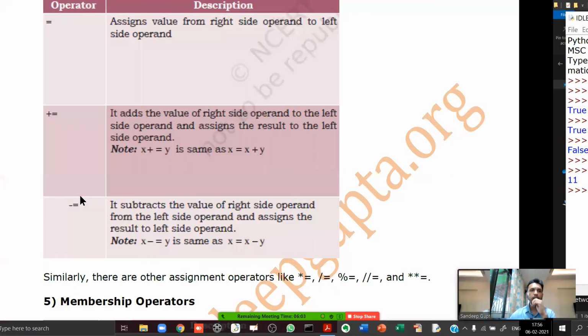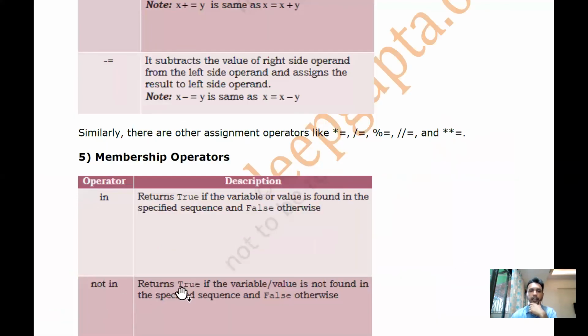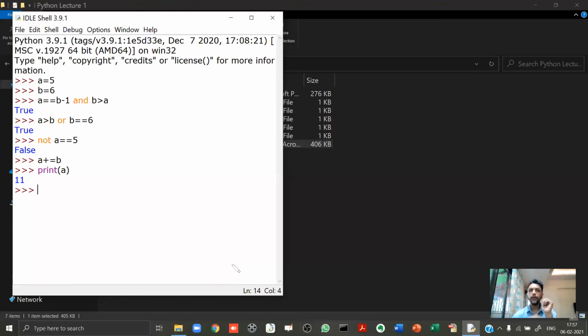Now let's talk about something called membership operators. We have two membership operators in Python, that is in and not in. Pretty interesting. But before I show you membership operators, I have to explain how to create an array, how to create a list in Python. Now we'll be studying list in great detail later on.